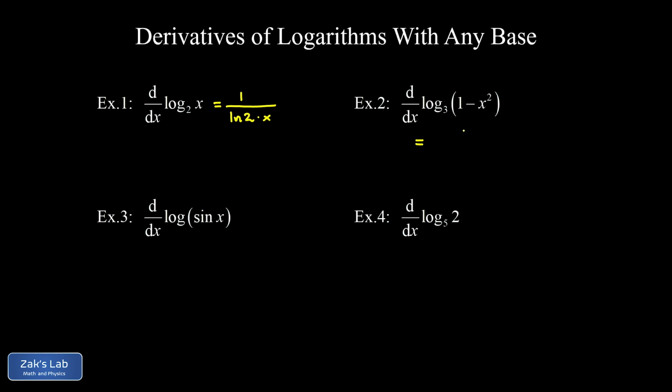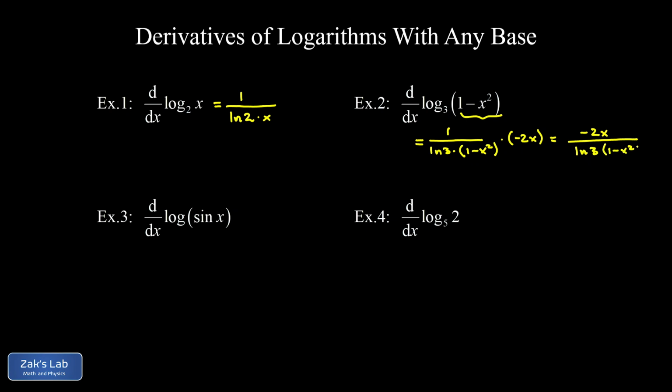So we're going to start by taking the derivative with respect to 1 minus x squared, just treating that as a single variable for the moment. So we apply our formula. That's going to be 1 over natural log 3 times that argument of the log function, so 1 minus x squared. So that's what it means to differentiate with respect to 1 minus x squared. But then the chain rule says we have to tack on the derivative of 1 minus x squared, and that's negative 2x. So cleaning things up a little, we'll write that as negative 2x over natural log 3 times 1 minus x squared.